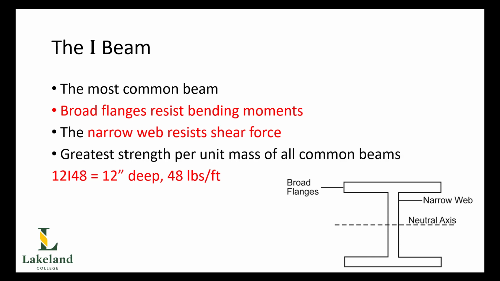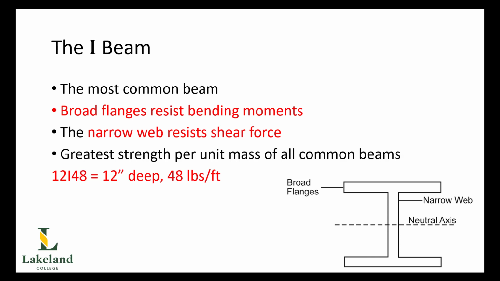The broad flanges resist our bending moments, which is going to cause our beam to bend. So it's resisting the stress of the beam. The narrow web in the center is going to resist the shear force by giving it such a large length. That's going to resist the shear force of the beam shearing somewhere in the middle.